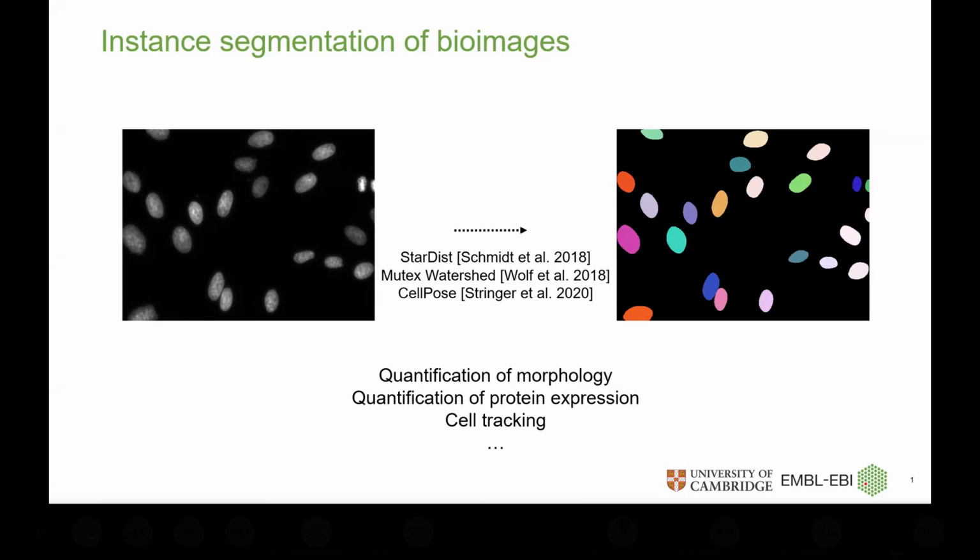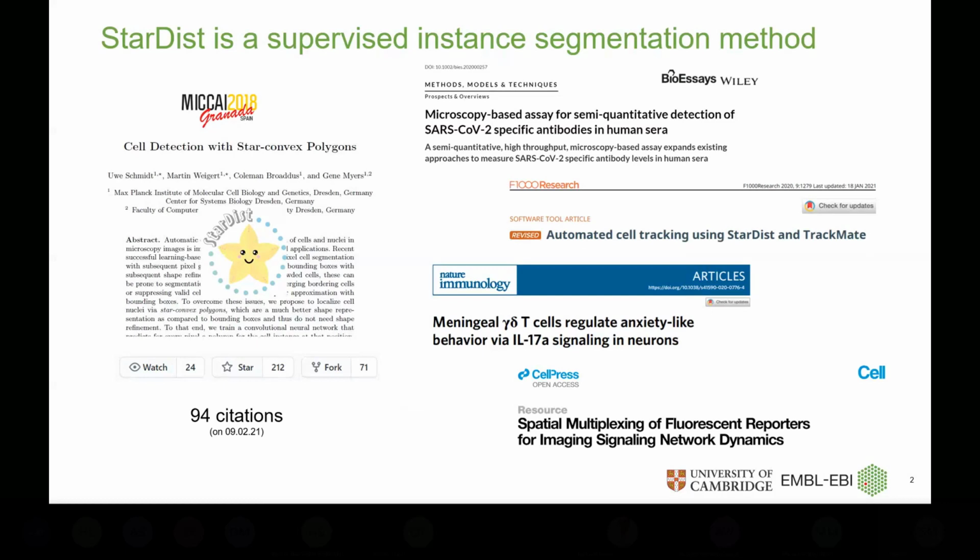In recent years, there have been some quite cool methods for doing instance segmentation in bioimages, such as StarDist, Mutex watershed, Cellpose, and so on. Among these, StarDist came up in MICCAI 2018. This is a supervised method to do instance segmentation by using a star-convex polygon as a shape model.